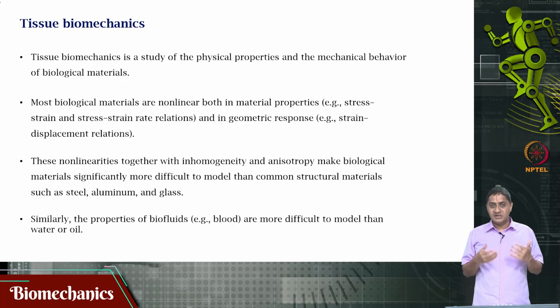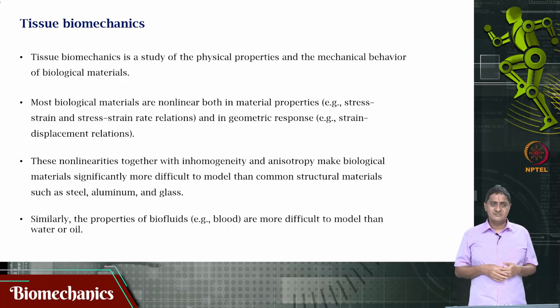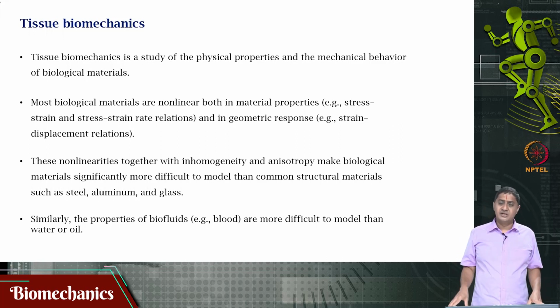But most of these mechanics of materials studies involve engineering materials and are developed for studying engineering materials. So, those are essentially materials that have linear properties, either in material properties or in geometric relations, or both, in most cases both.